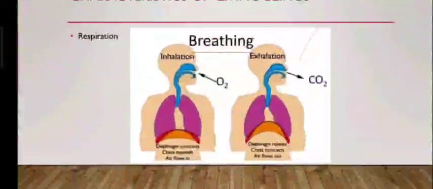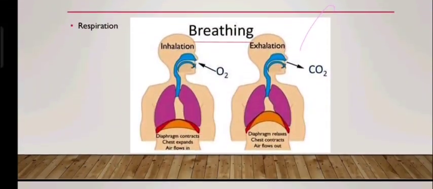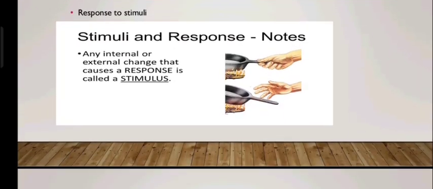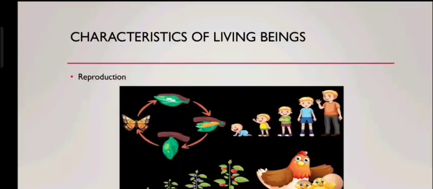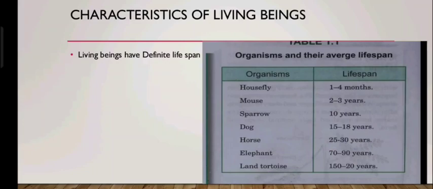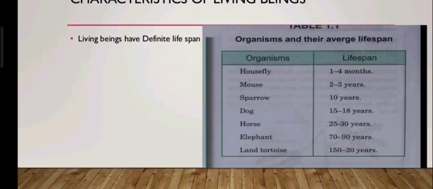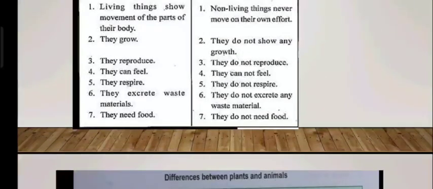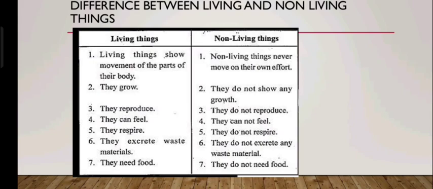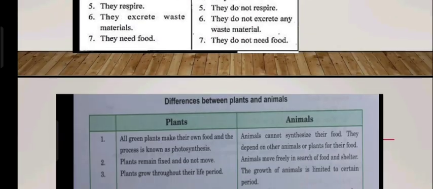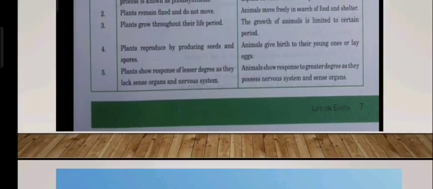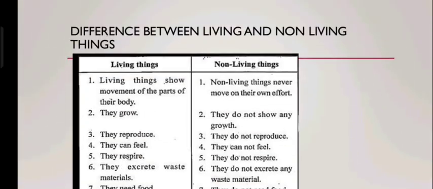Then respiration, response to stimuli, reproduction, and lifespan. These are what we learned, along with the differences between living and non-living things, and between plants and animals. So these are what we learned in this session.